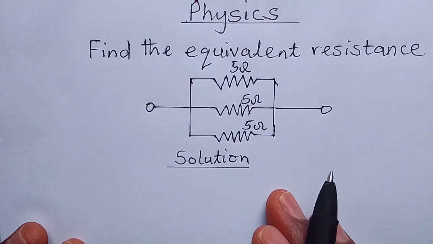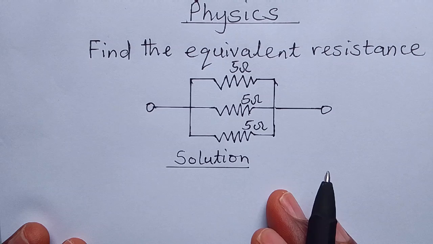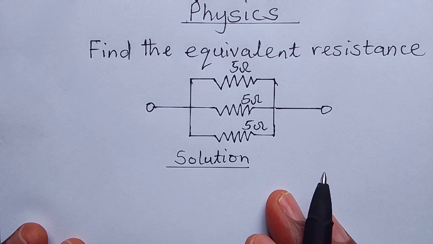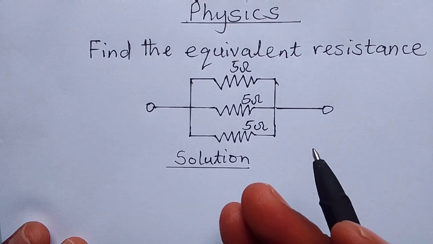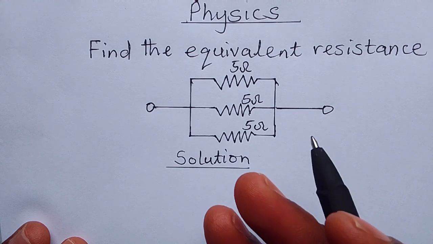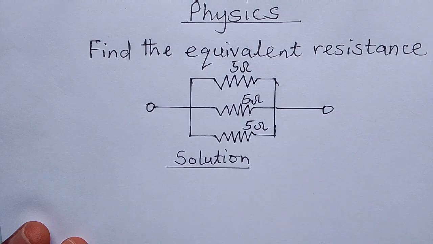Now, there is a formula for calculating the equivalent resistance of resistors in parallel connection. However, I'm going to use two formulas. One of them is longer than the other. Let me start with the longer one.